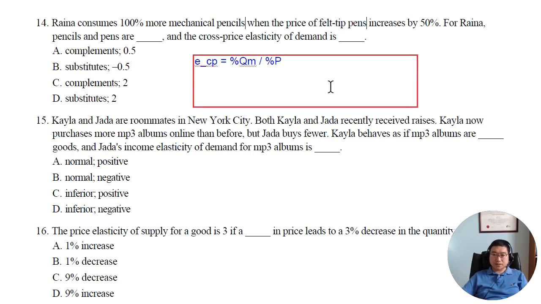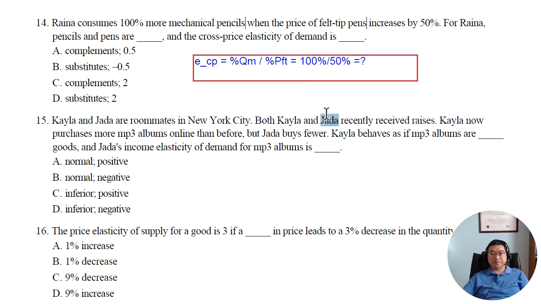Just call it FT, felt tip. So we have 100%. It's the quantity demanded or consumed in one good caused by the change in the price of another. Still 50%, and that one you calculate the value of that cross price elasticity of demand.